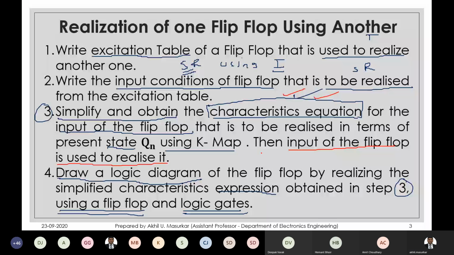Anushka, Karthik, are we done with this or should I wait for another couple of minutes?